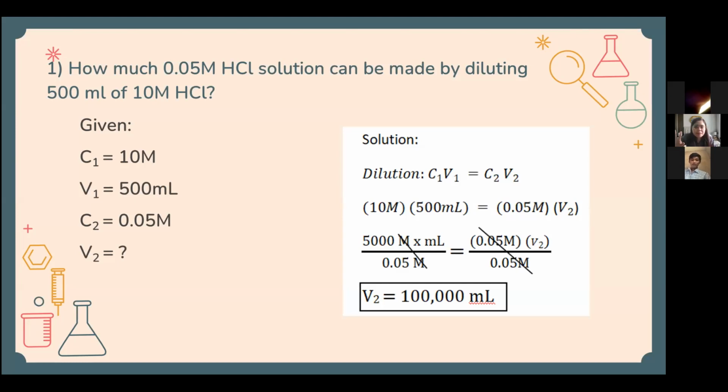Okay, before we move on, let's check first so that we won't have to go back later. Let's understand the problem. How much 0.05 molar hydrochloric acid solution can be made by diluting 500 mL of 10 molar hydrochloric acid solution?